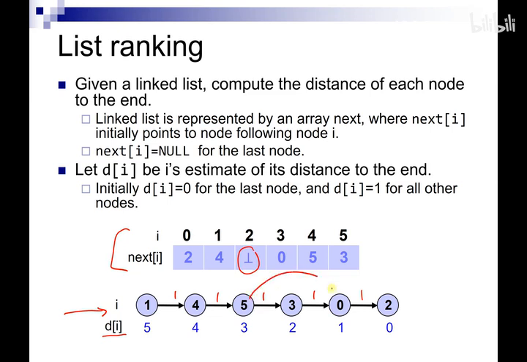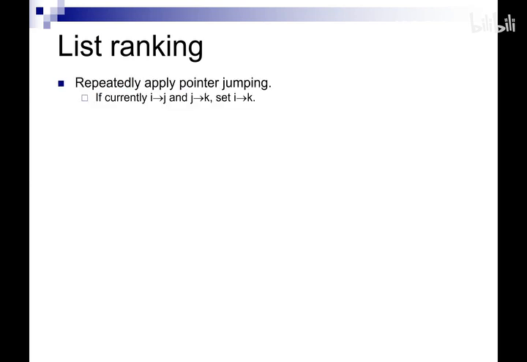For example, you could have the 5 node point to the 0. What pointer jumping does is, if node i is pointing to j, and j is pointing to k, then we combine these two pointers and have i point to k. So this is pointer jumping.